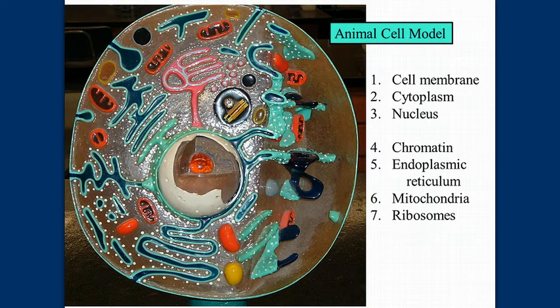So the definition of osmosis would be the diffusion of water molecules through a cell membrane. That water could have other substances in it, but it's the movement of water across a cell membrane from an area of higher concentration to an area of lower concentration of water. We'll go a little bit more into that later on. I just wanted to introduce you to osmosis and diffusion since we are talking about the cell membrane.